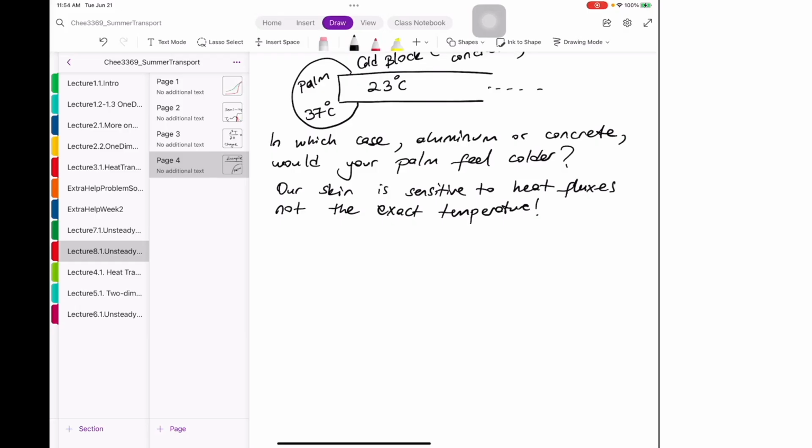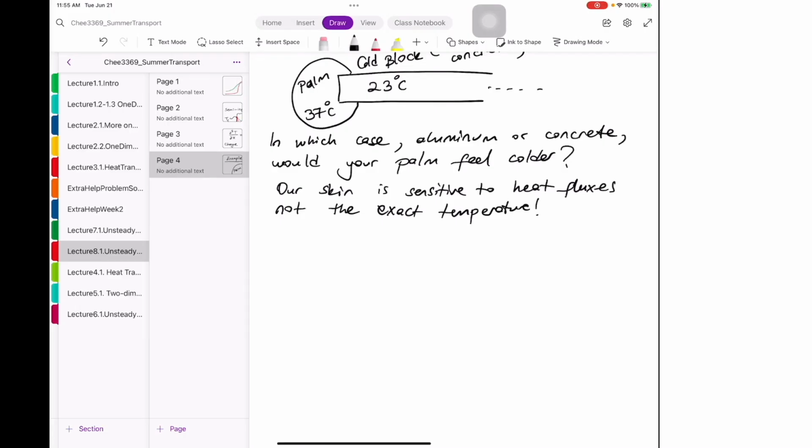Then you take out both of your hands and put both in the medium temperature water bath, and you're going to feel colder on the hand that was staying in the warmer one, and you're going to feel hotter with the hand that was in the colder bath. This is because if your hand is colder, the flux is going to be larger, so it's going to feel hotter. If your hand was warmer in the previous case, then the flux is going to be less, so you're going to feel cold.